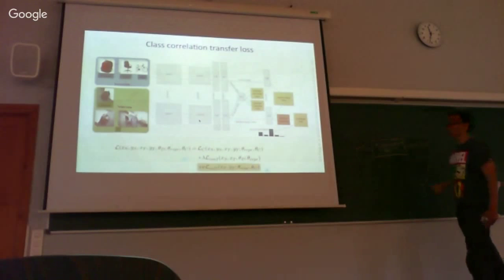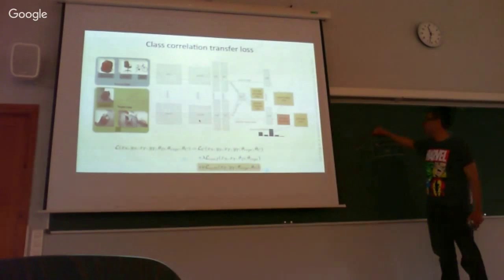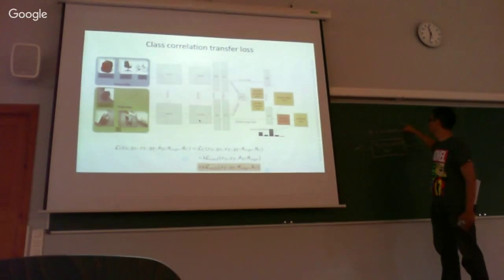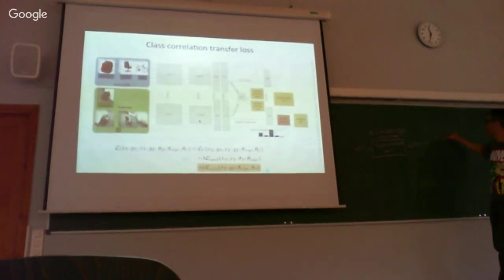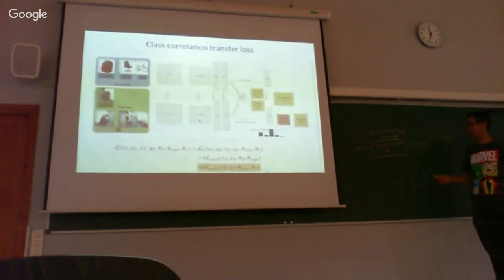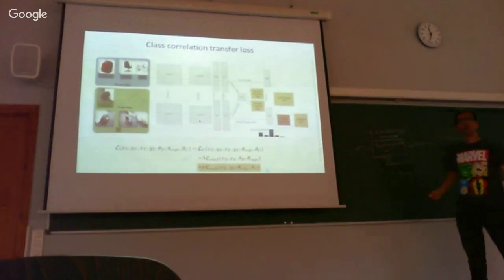The first step for training a neural network is to do a forward pass. Then the second one is to calculate the error, in this case the loss function, and then you backpropagate the error across the neural network.